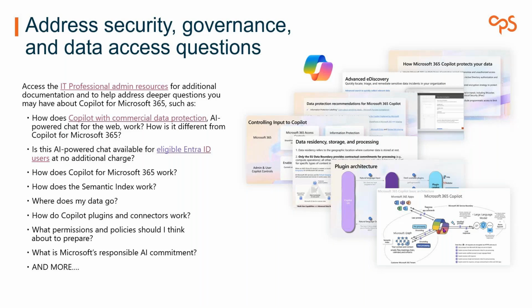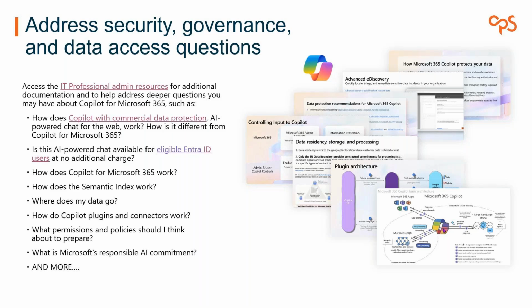The first thing to do is to make sure you know how Copilot works. We usually do this in a readiness workshop with IT, with data governance officers, or any other relevant roles. We want to make sure that you understand how Copilot works. How does it look at your data? What does it do with that data? Does it send it outside of your tenant? No, it doesn't.